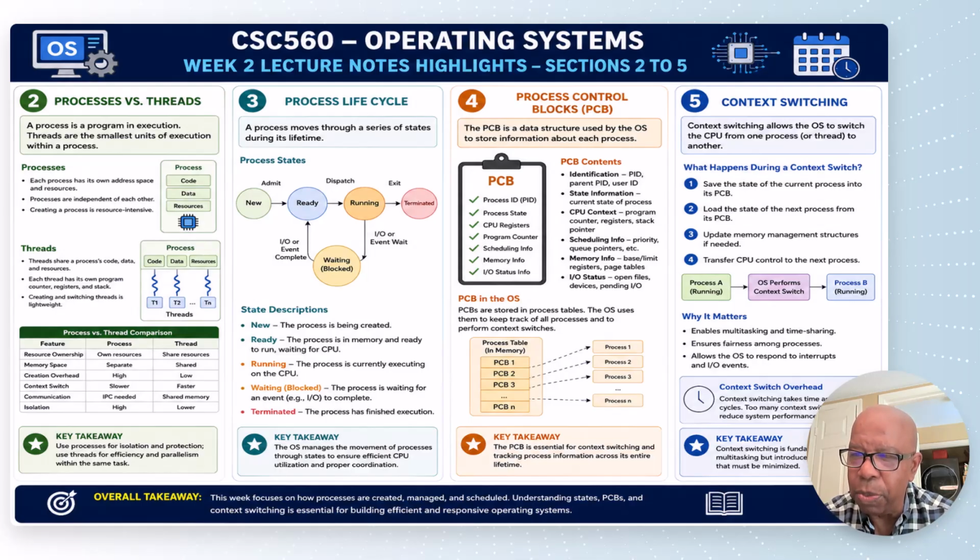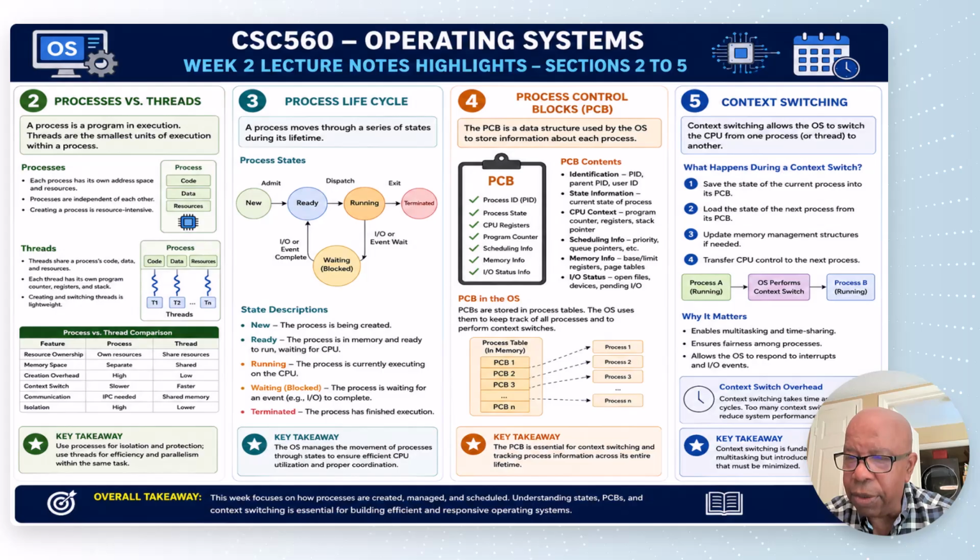So we keep all those things related to the process together. Creating a process is resource intensive. It takes a lot of work and a lot of memory in order to maintain the status of a process.